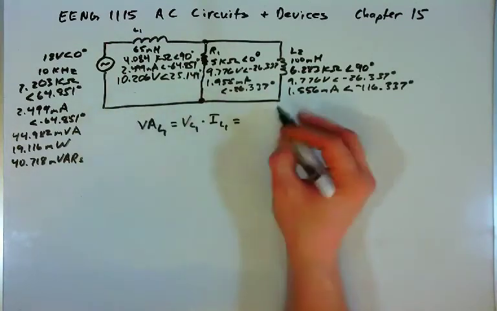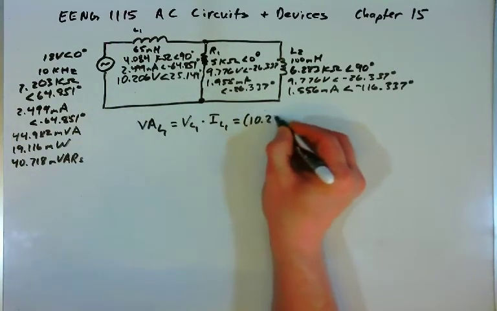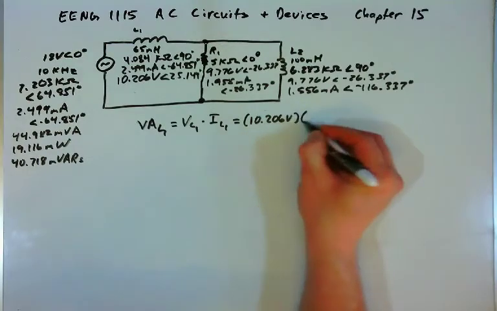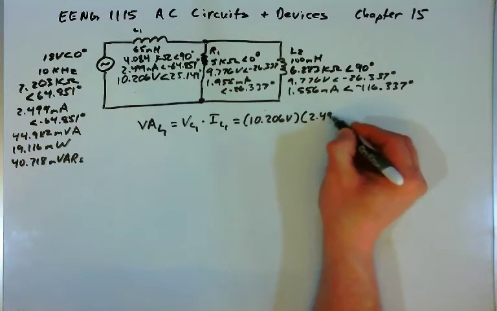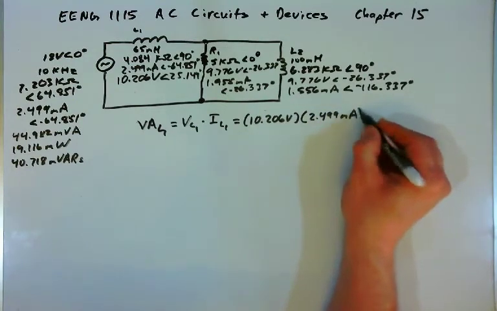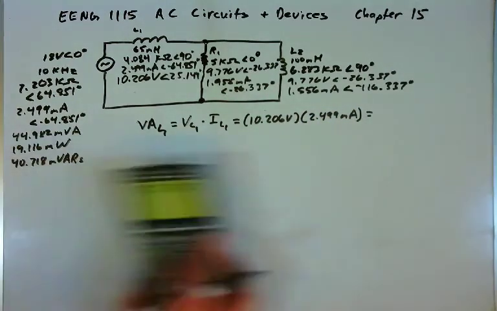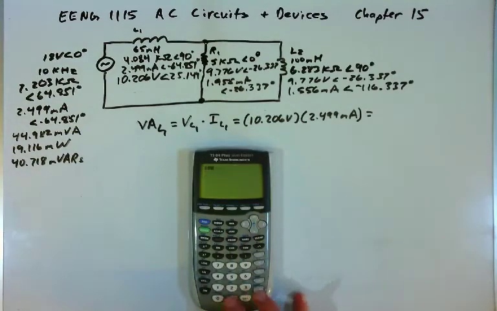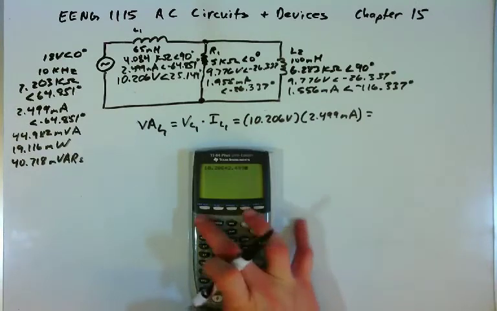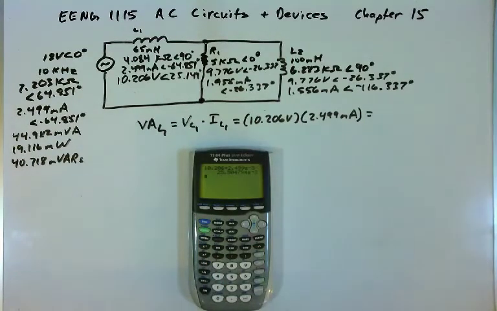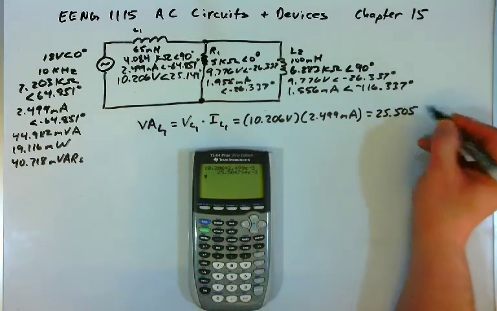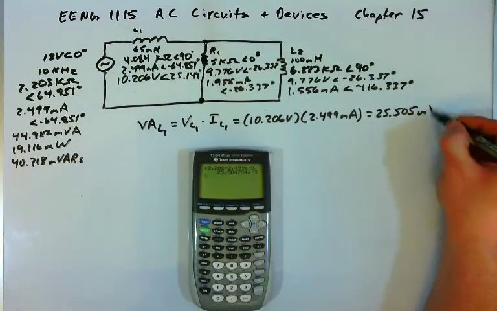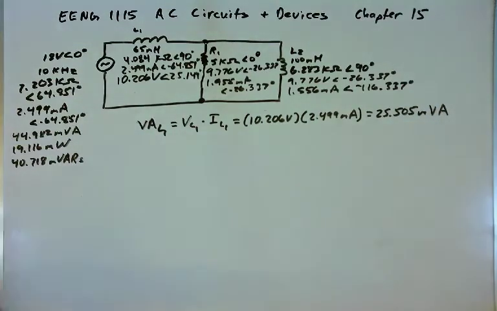Voltage is 10.206 volts, and the current is 2.499 milliamps, and so we get 10.206 times 2.499 milli, and we get 25.505 milli volt amps.